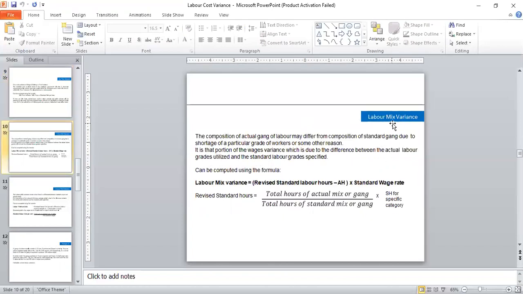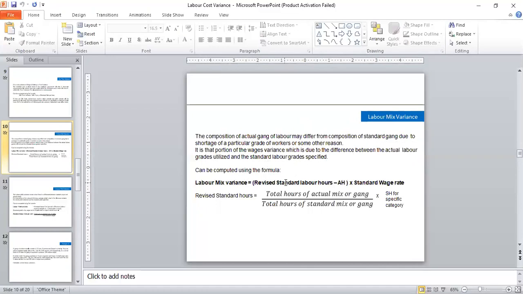Now we are discussing the labor mix variance. The composition of the actual gang of labor may differ from the composition of the standard gang due to the shortage of a particular grade of workers or some other reasons. It is that portion of the wages variance which is due to the difference between the actual labor grades utilized and the standard labor grade specified.